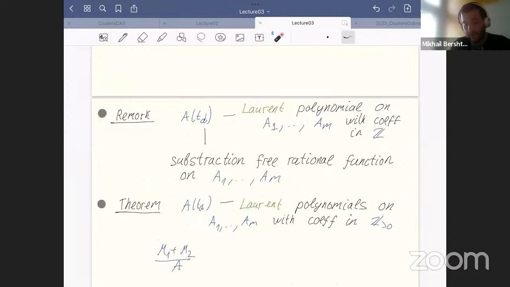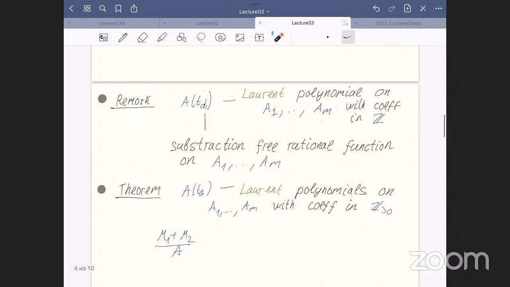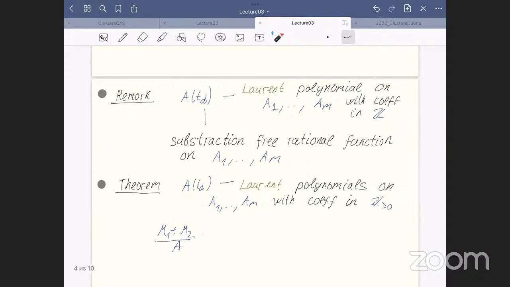Why, if you divide the numerator by the denominator, will you not have minus? I thought all our denominators in these subtraction-free rational functions will be monomials. In the first mutation, yes, but on the 10th mutation, why?